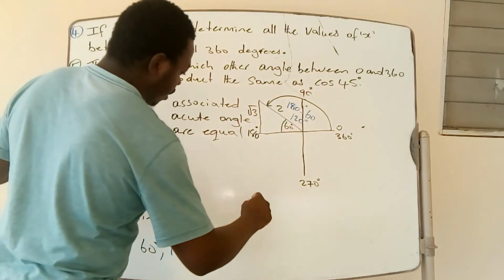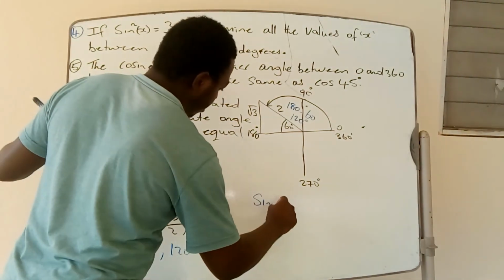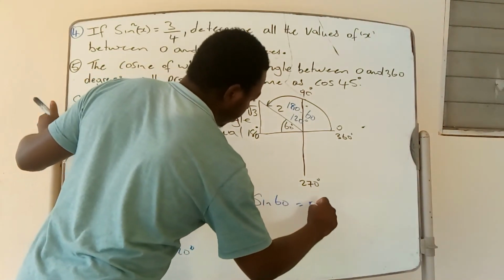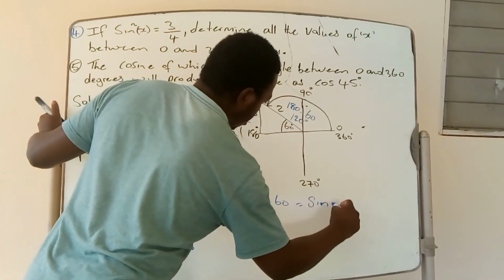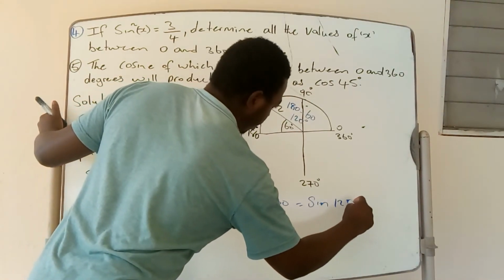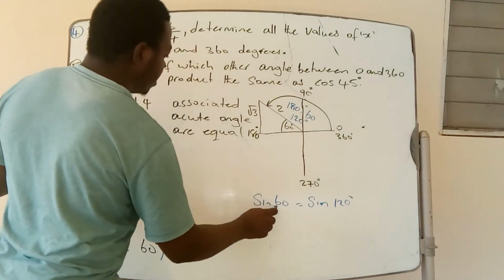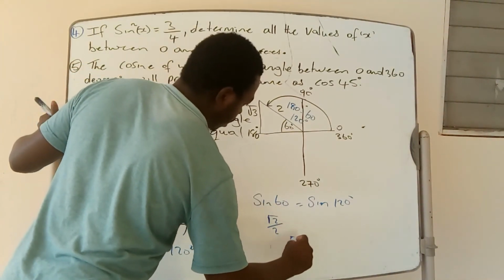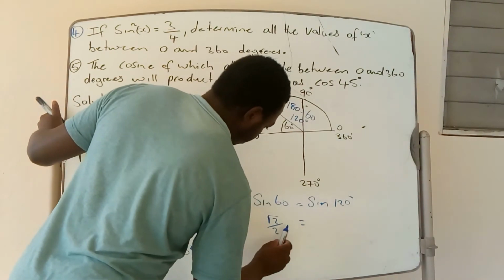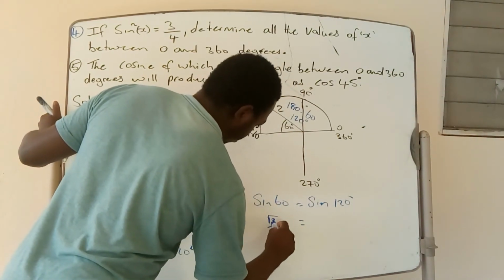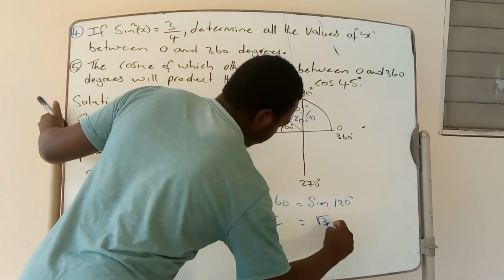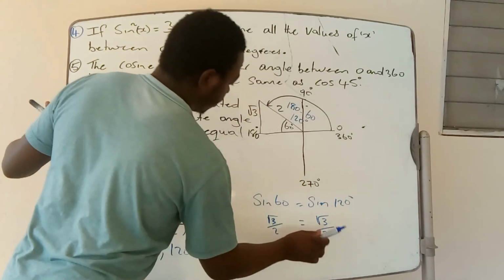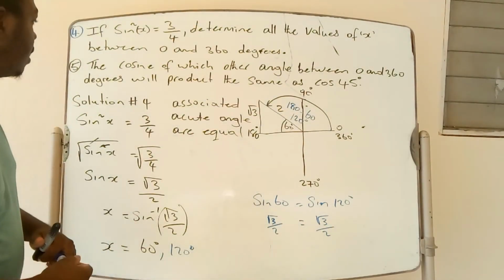So note here that sine 60 is equal to sine of 120 degrees. Sine 60 is just root 3 over 2, which is equal to root 3 over 2 here. So they are both equal, alright?